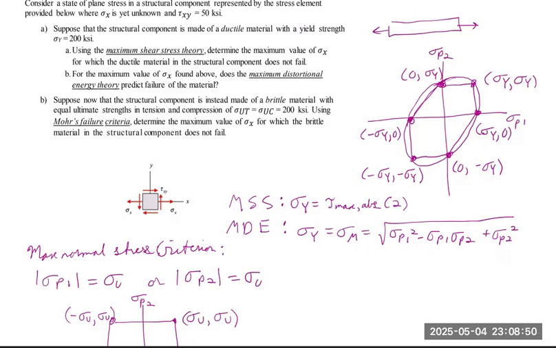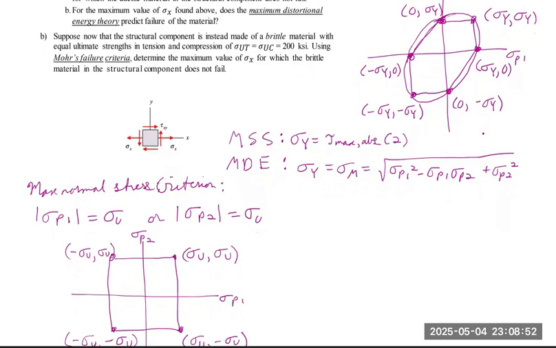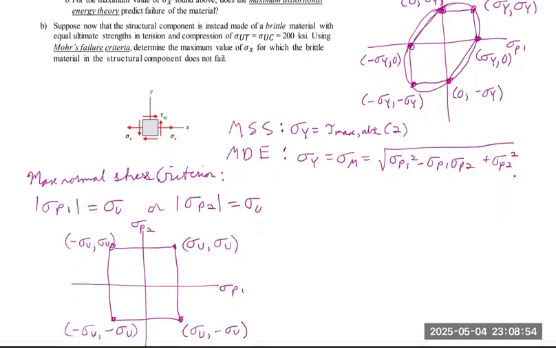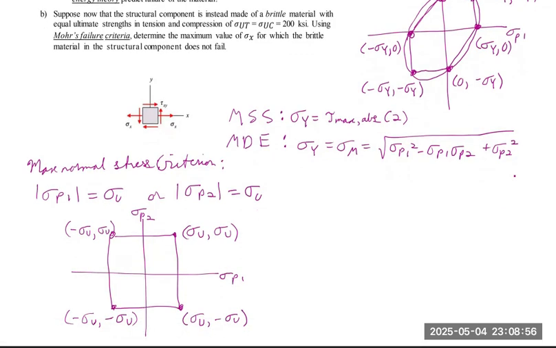So for Mohr's criterion, when principal stress 1 and principal stress 2 have the same sign, failure occurs if either of the following stress limits is reached: either sigma max equals sigma sub tu, the ultimate stress in tension, or sigma min is equal to negative sigma sub cu in compression.